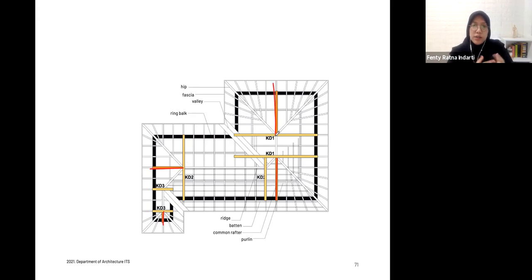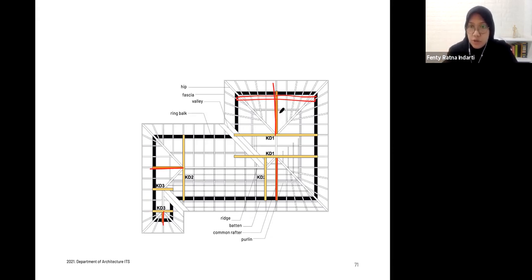So those are the difference between the gable roof and also the hip roof. If you have a gable roof, then you put your rafter around here so that it becomes flat. But this one is not. This one is sloping, so you have to create another additional rafter, wood rafter.